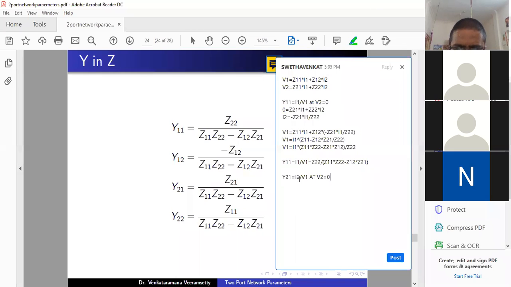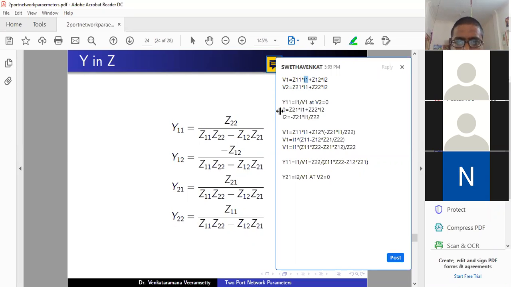I want the I2 by V1, right? From this first equation, V1 is there, I1 is there, I2 is there, but I want the ratio between I2 and V1. Then what do we have to do? If we are able to find the I1 expression in terms of I2, then we can easily find the ratio between I2 and V1, right?